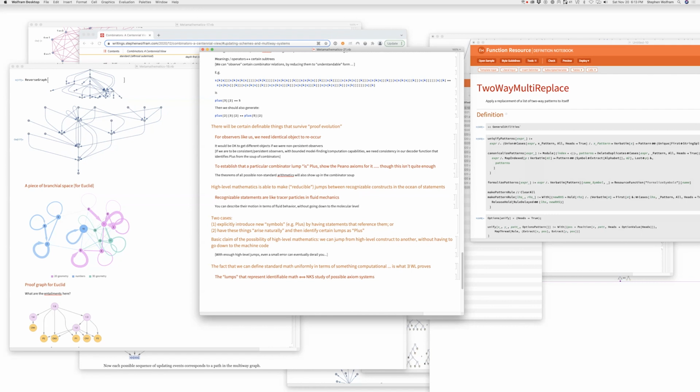All right, but the basic claim is that the reason high-level mathematics is possible has to be the same as the reason that our perception of space is possible. The existence of high-level mathematics is the same as the existence of high-level physics, it's claimed in this model.